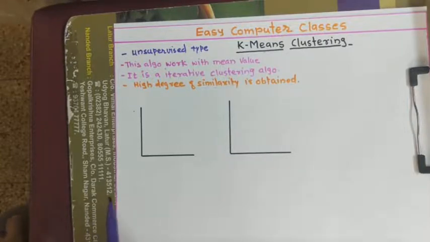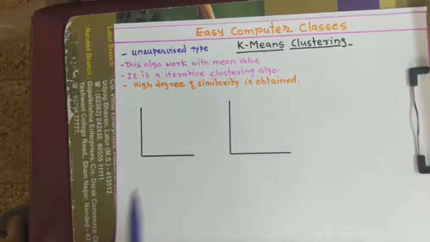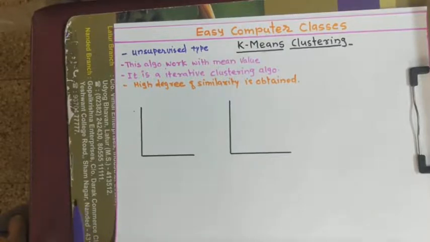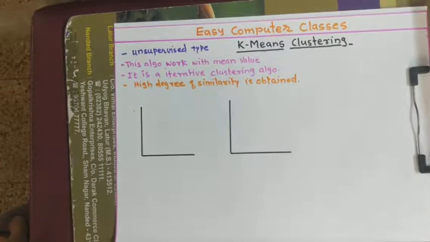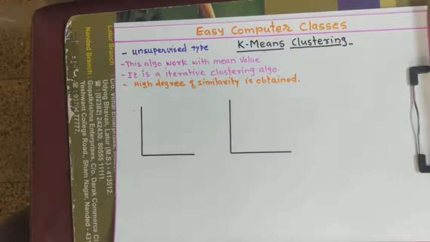This K-means clustering algorithm uses an iterative kind of rotation, so it is also called an iterative clustering algorithm. With the help of iteration, we achieve a high degree of similarity between the cluster elements, and we can clearly classify the clusters.